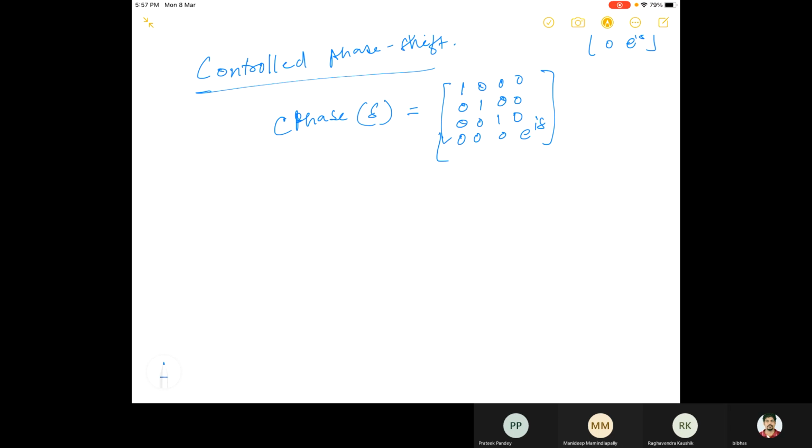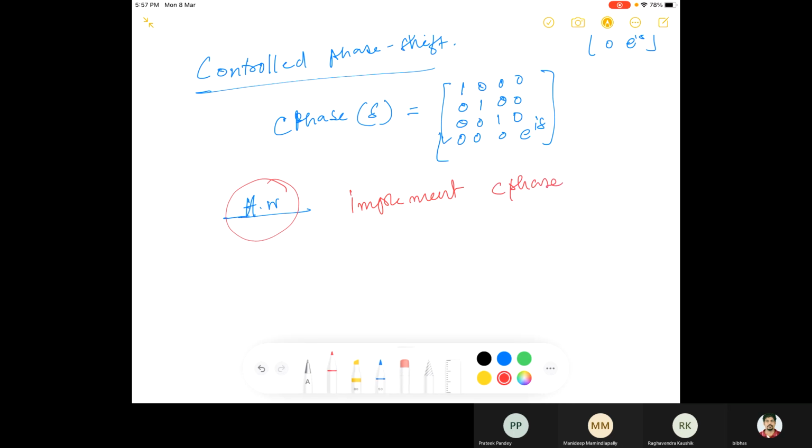Maybe I can also leave it as homework. Homework: implement the C-phase gate using CNOT and the phase shift gate.